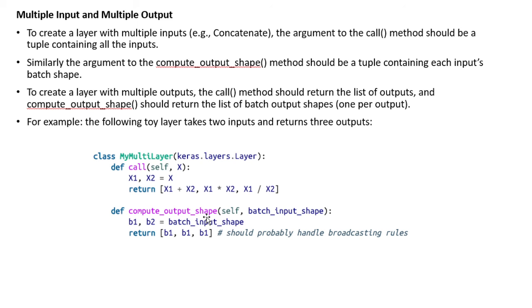This layer takes two inputs, x1 and x2, and returns three outputs: x1 plus x2, x1 multiplied by x2, and x1 divided by x2. And in compute output shape, it returns the batch shapes B1, B1 and B1. That's about the custom layers.